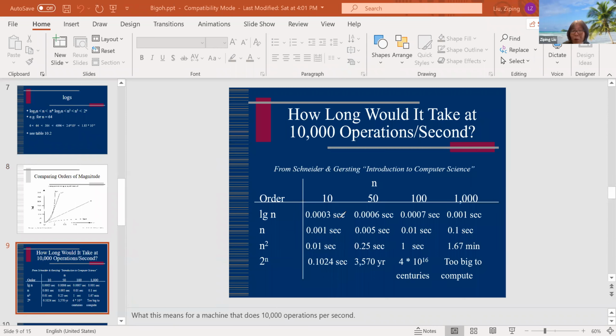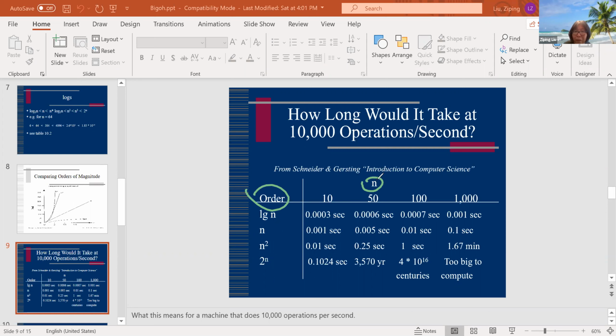This is very old data, and if you run it on today's computers, the data will not be like this. But anyway, this gives us a comparison of n and their orders.